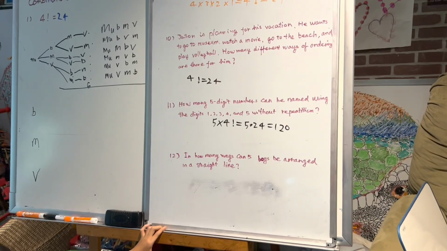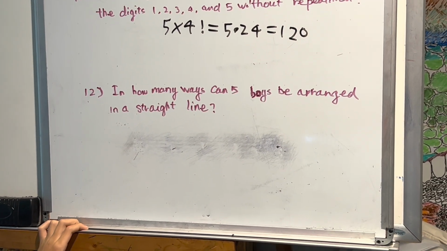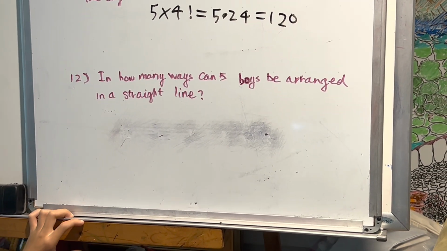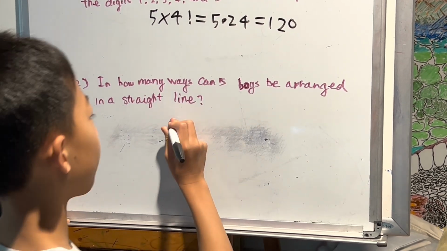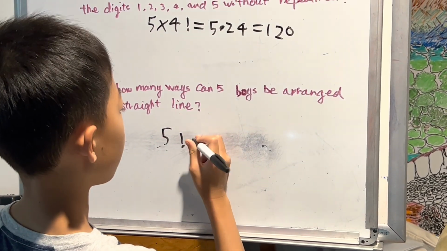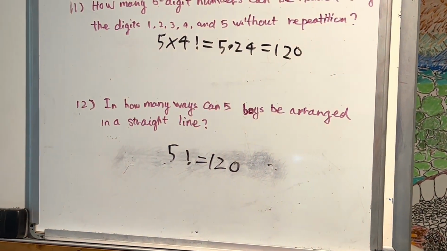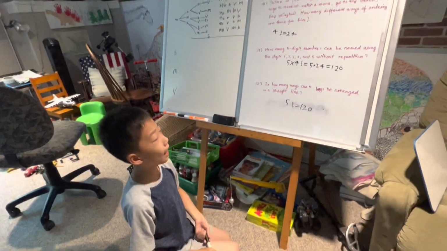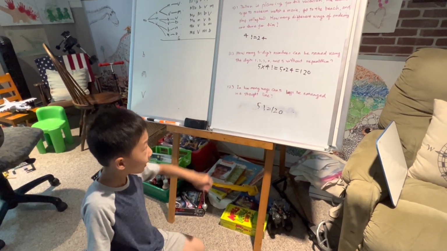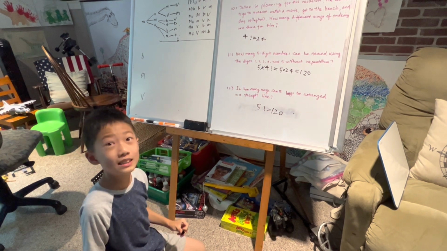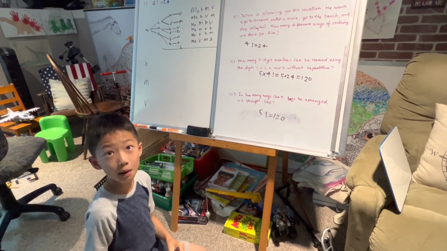Number 12. How many ways can 5 boys be arranged in a straight line? It involves 5, so it's the same number. So it's 5 factorial equals 120. It tries to trick you into making the wrong answer because it's not as clear as the other one, which told you all the numbers.